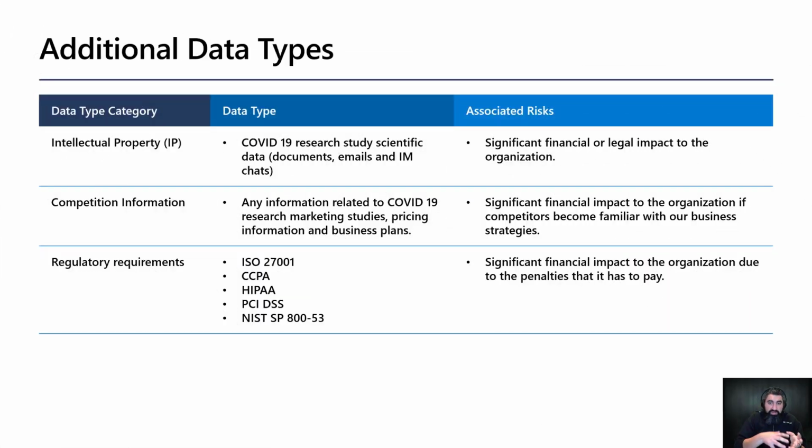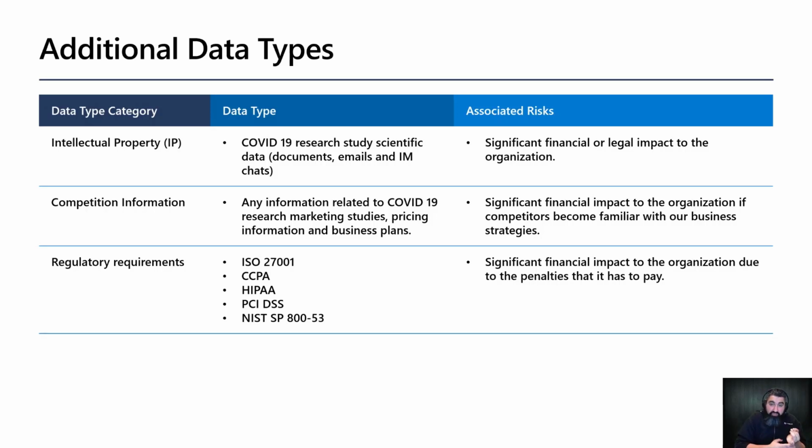Now, on top of the discovered sensitive data or sensitive information that we observed in the previous couple of slides through the Content Explorer, there is some additional data that we need to protect, such as intellectual property, IP, which is mainly our COVID-19 research data.